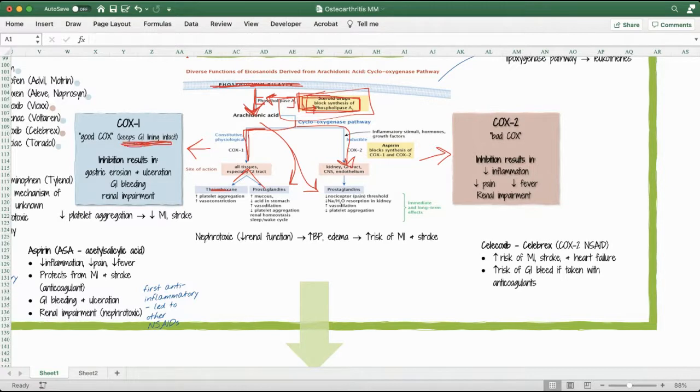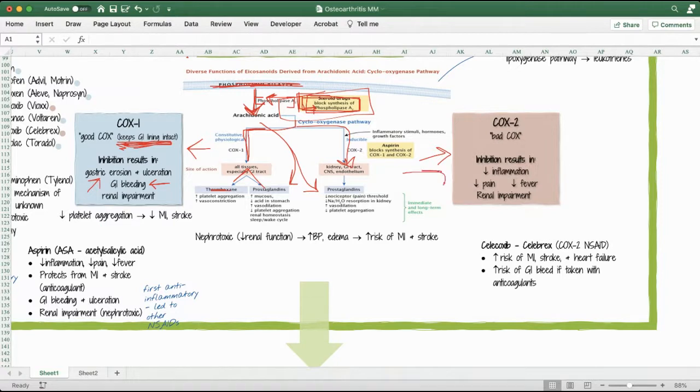It's a good enzyme. And so when we block this enzyme, we end up with gastric erosion and ulceration and GI bleeding, because COX-1 actually keeps the GI lining intact. We'll talk about renal impairment and platelet aggregation in a second.